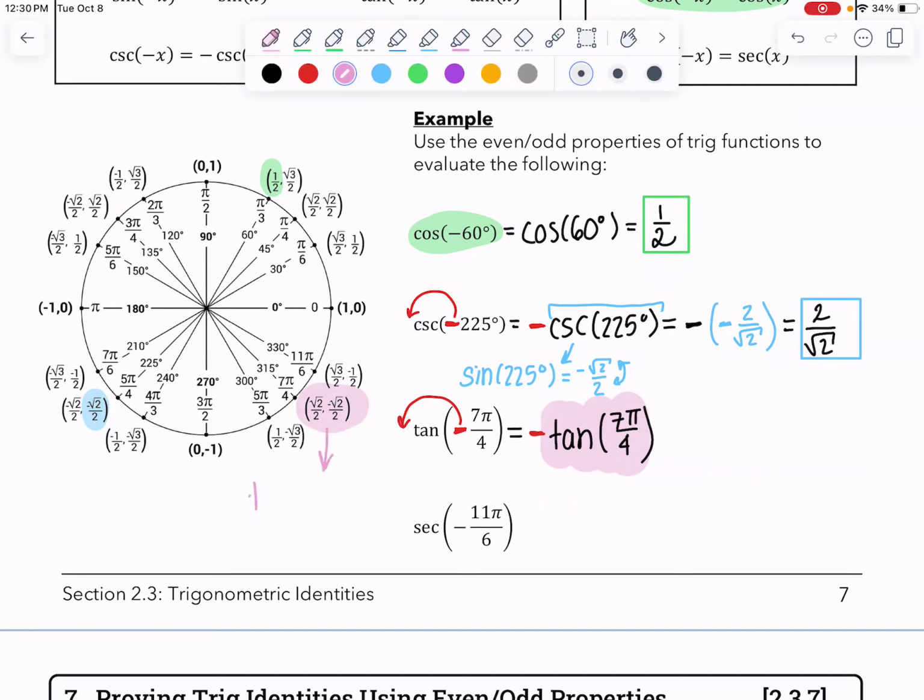So tangent of 7 pi over 4 is negative root 2 over 2 divided by root 2 over 2, which is negative 1. So we have this negative out front, and that stays there. Then tangent of 7 pi over 4 itself is negative 1. So we have negative negative 1, which is a positive 1, and that is the answer.